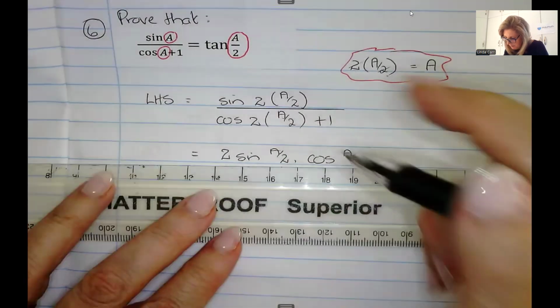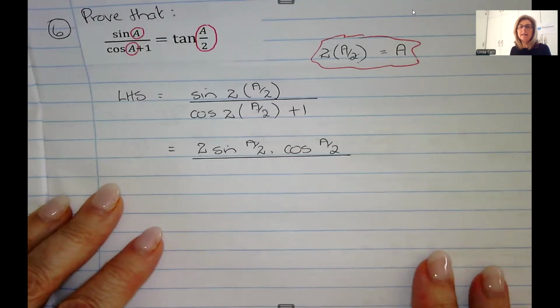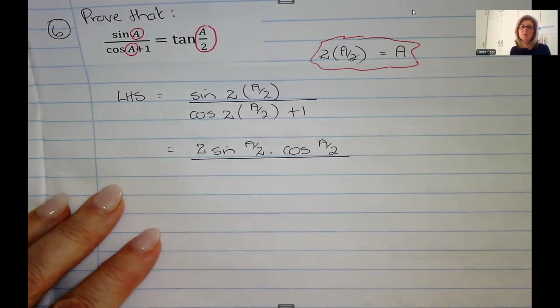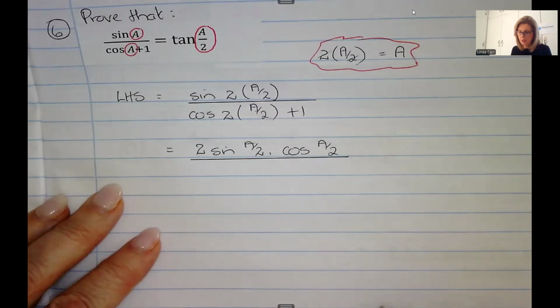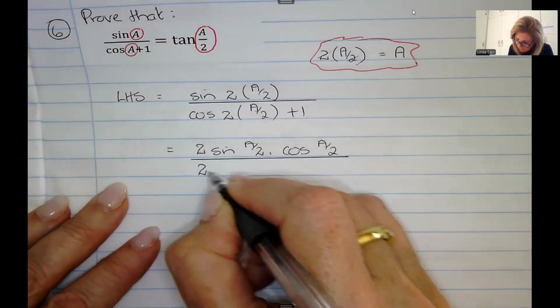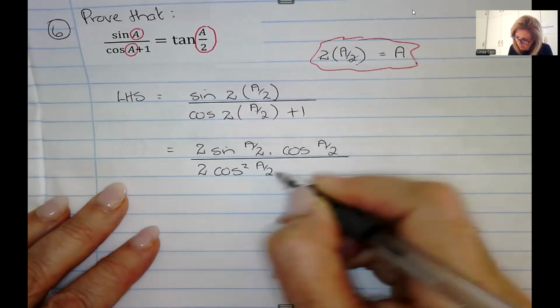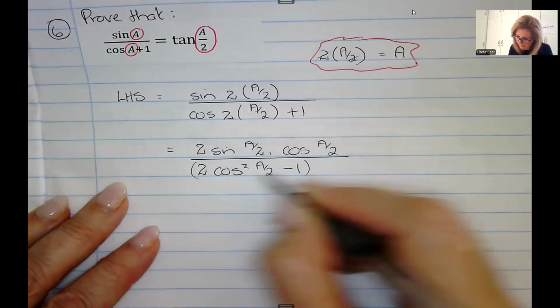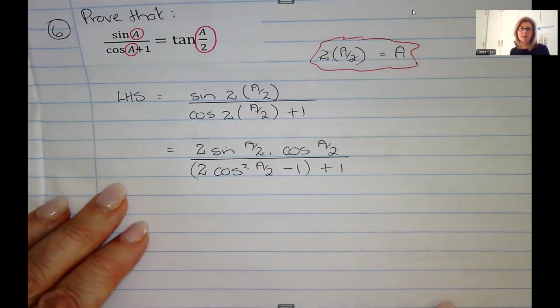And at the bottom, I want a cos double angle expansion. And again, I'm going to pick that choice that's going to help me get rid of the plus 1, because the plus 1 is just a nuisance. So I'm going to go for the 2 cos squared A over 2 minus 1, and then the plus 1 stays on the outside.